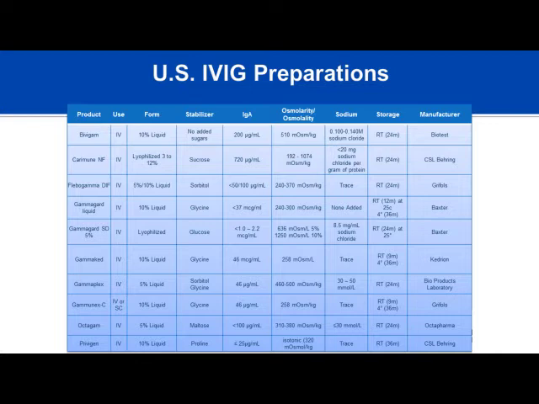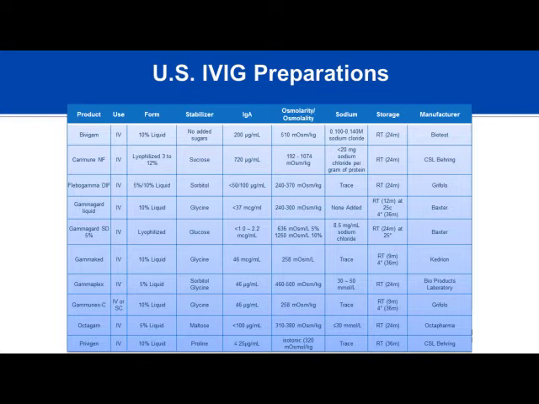They each have different contents of immunoglobulin A, which is present in blood and is also present as part of the process in generating these preparations. They have different osmolarities, and some of these are similar to and some are different from the osmolarity of human blood.